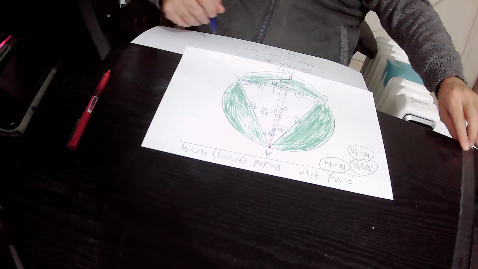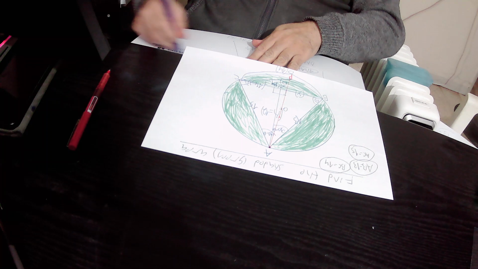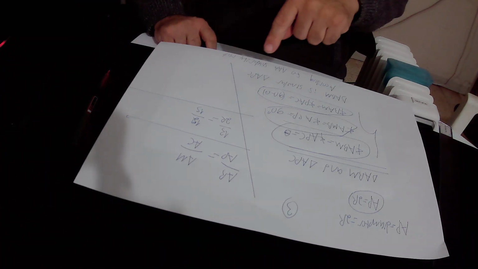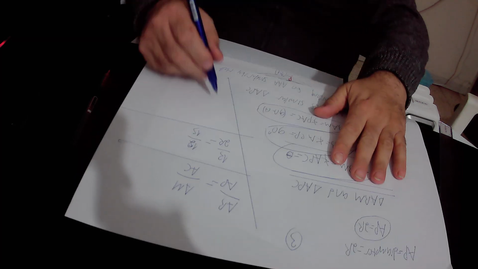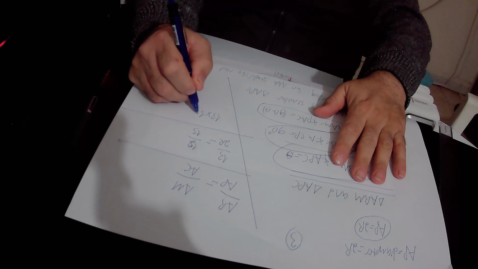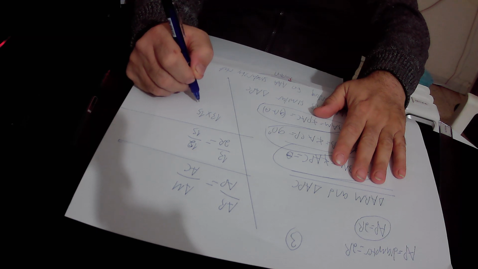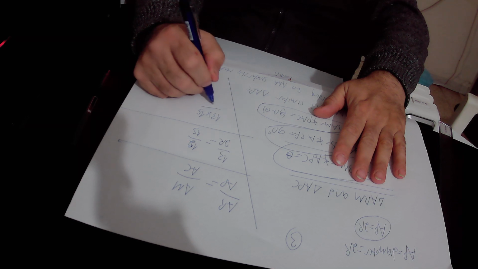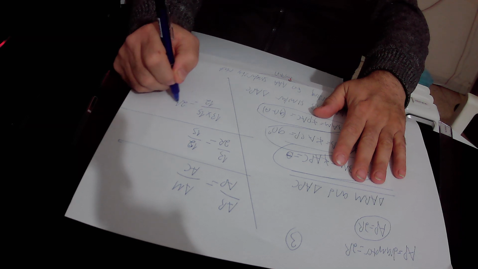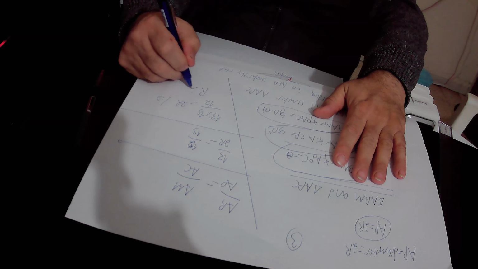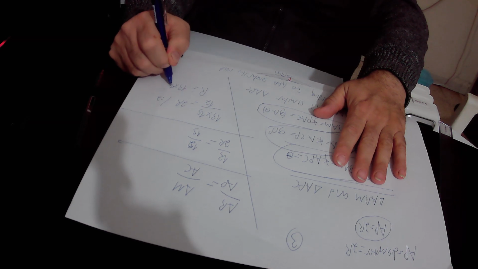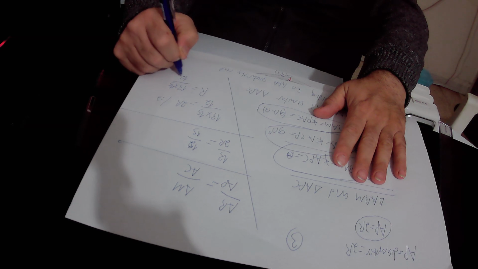In conclusion, we found out that 13 over 2R equals 12 over 15. Here we'll cross multiply this equation and we'll get that 13 times 15 over 12 equals 2R. Here we divide this equation by 2, and finally we get that R equals 13 times 15 over 12 times 2.